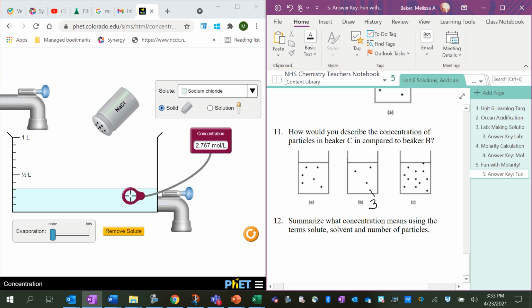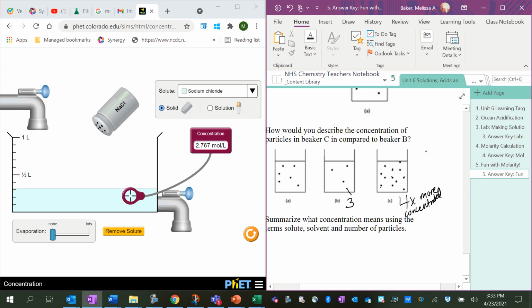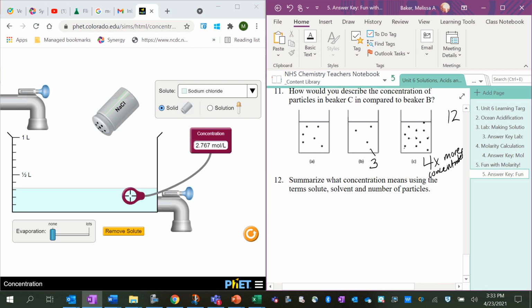And beaker C is 1, 2, 3, 4, 5, 6, 7, 8, 9, 10, 11, 12. So it's 4 times more concentrated. So if that one was 3 moles per liter, for example, this would be 12 moles per liter if each dot represents a mole.